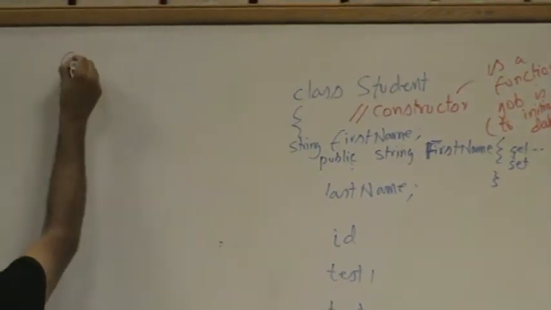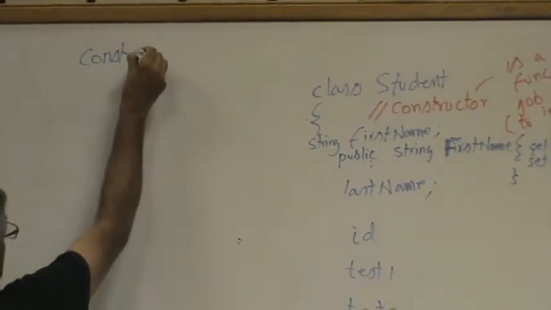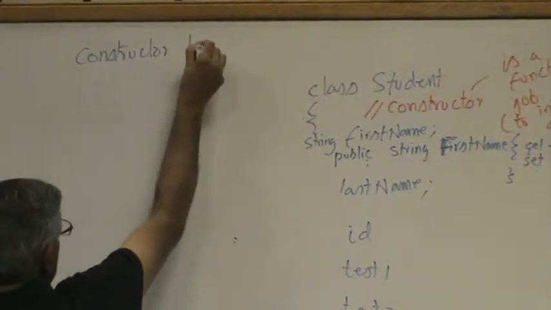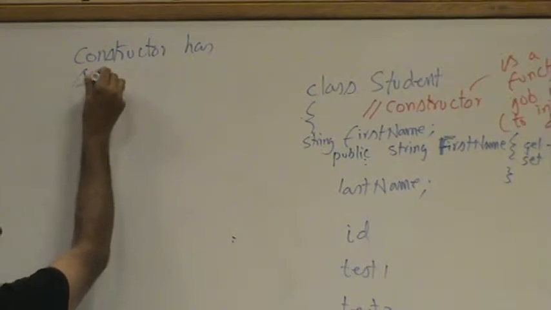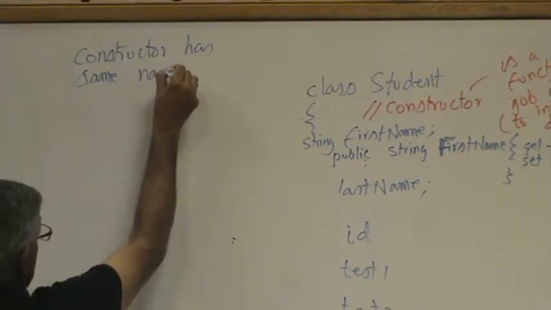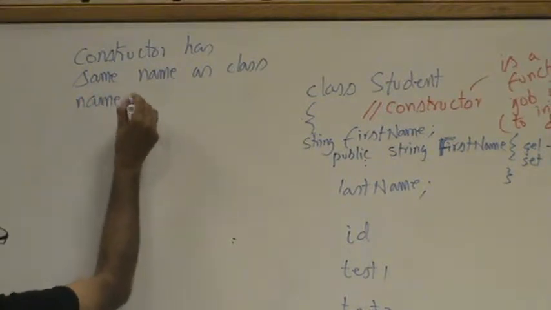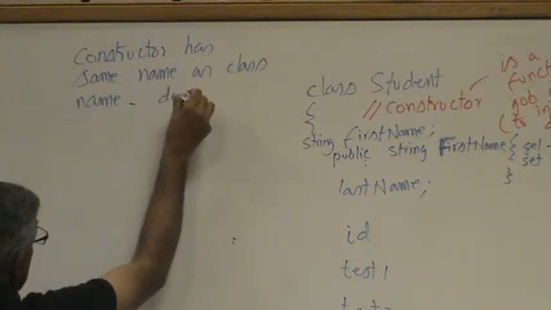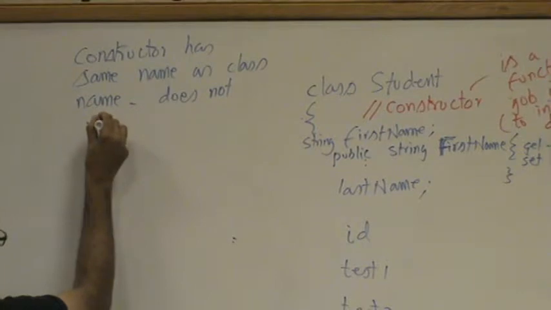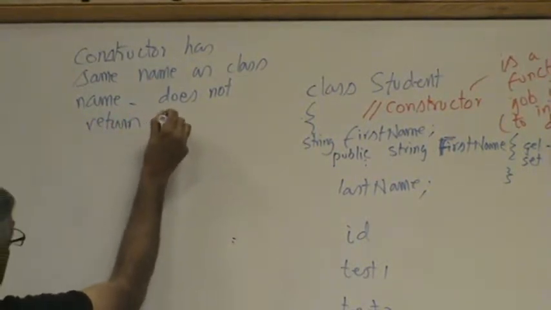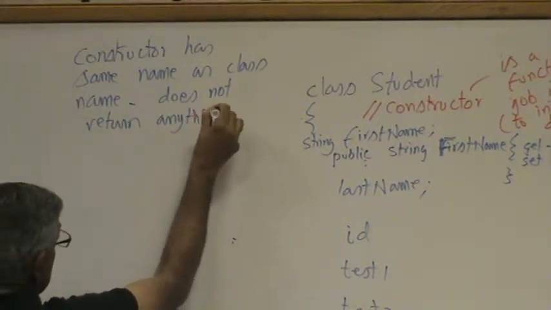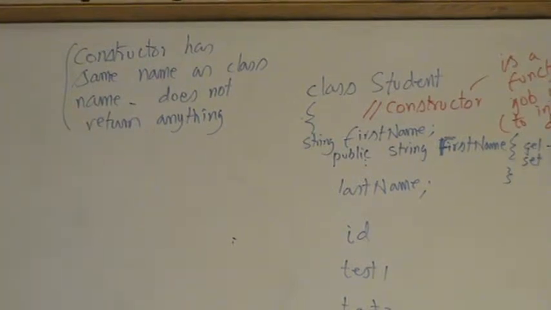Okay, so a constructor, very briefly, has same name as the class name. Okay, and does not return anything. So as you can see, this concept is same as Java, same as C++, so nothing new over here. Okay, with one small difference, which I'll point out in a second.